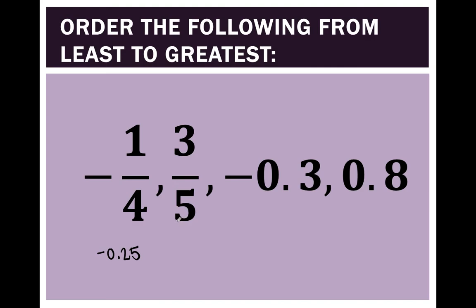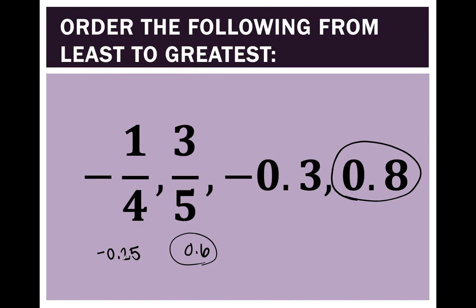And then 3/5, 3 divided by 5 is 0.6. So we have -0.25, 0.6, -0.3, and 0.8. Okay, the positives, 0.6 and 0.8, those ones are going to be in order just as they normally would be. But with the negatives, you have to be very careful.